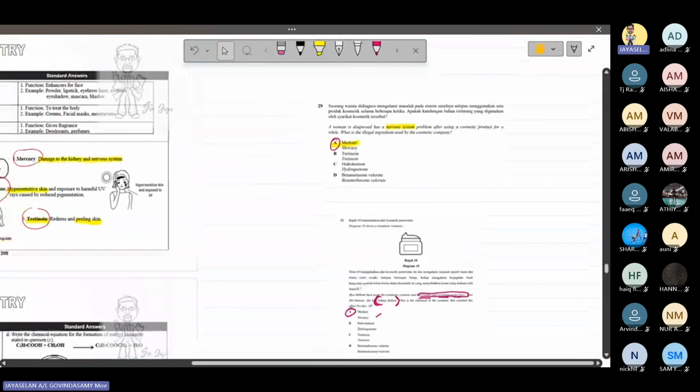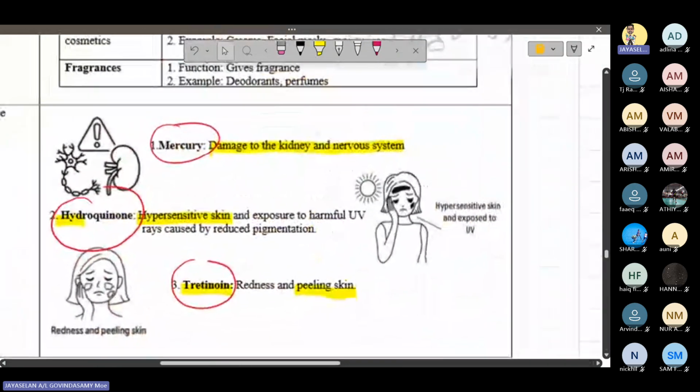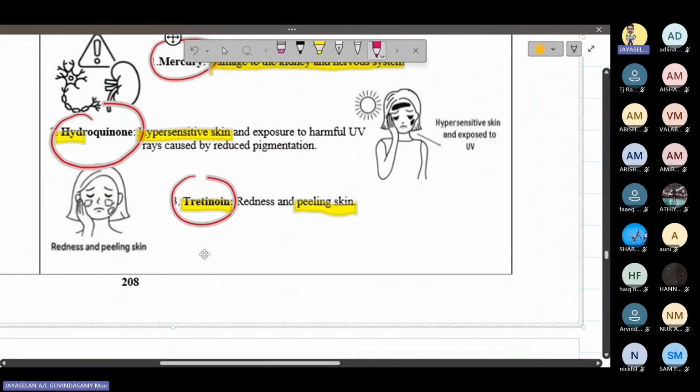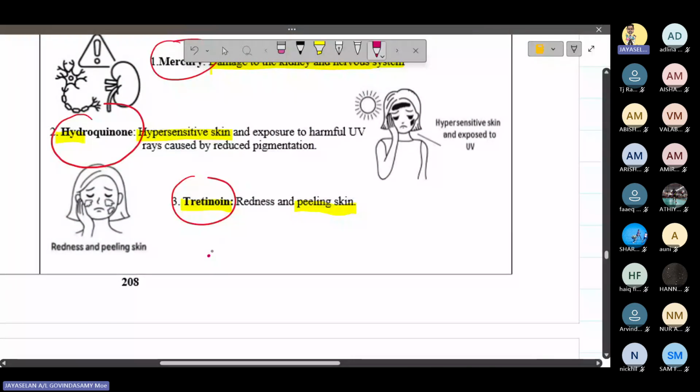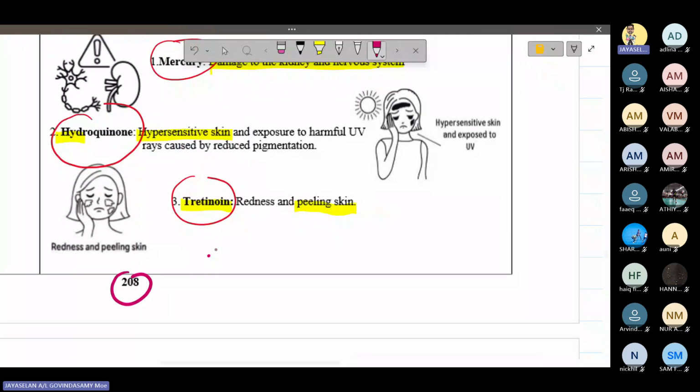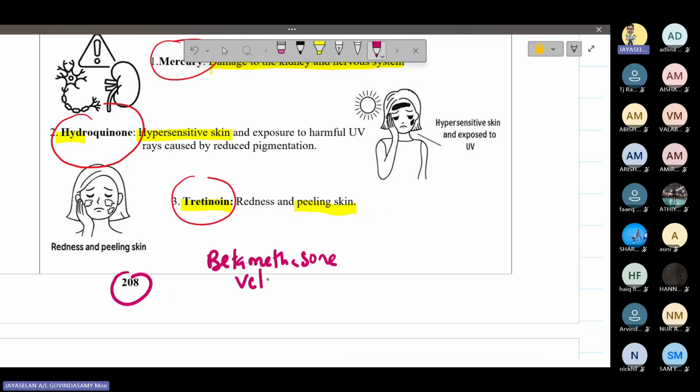Later I will look for it. So please remember the answer here, you no need to copy that one. Here I forgot to put one. You all copy page 208. Betamethasone valerate, this one uneven pigmentation.